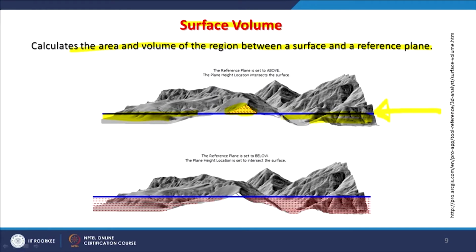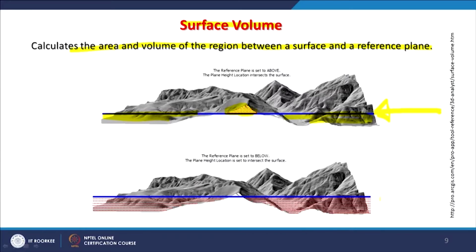Similarly, if I change the position, because optimization can also be done, like here the height along this line has been raised, so now I have a very small area to cut, whereas I have a large area to fill.